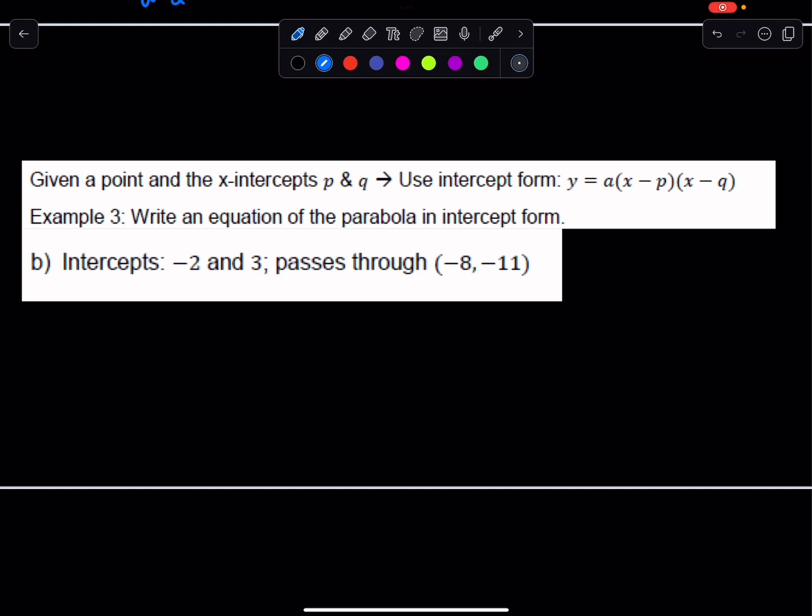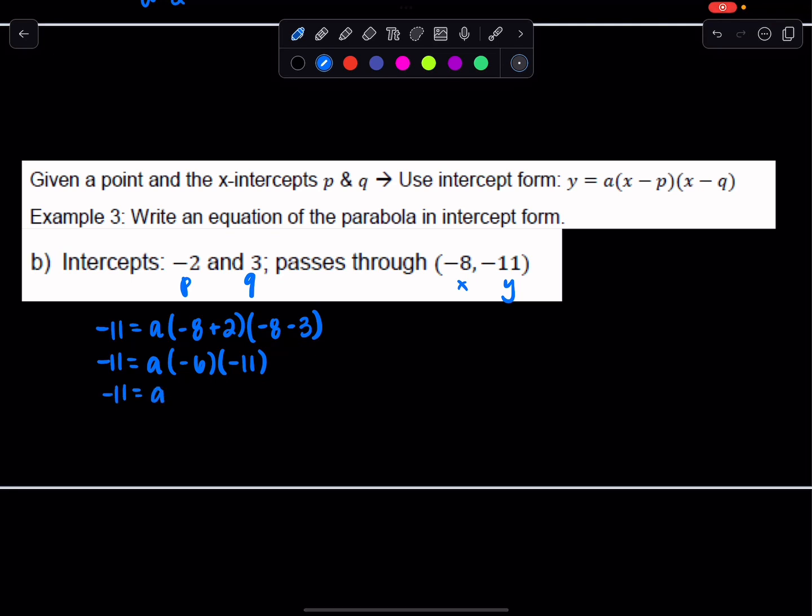Okay, let's check it. So you should have plugged in p, q, x, and y. Then what that would look like is negative 11 equals a times (negative 8 plus 2, because opposite signs), and then (negative 8 minus 3). Then you would simplify. Negative 11 equals a times negative 6 times negative 11.